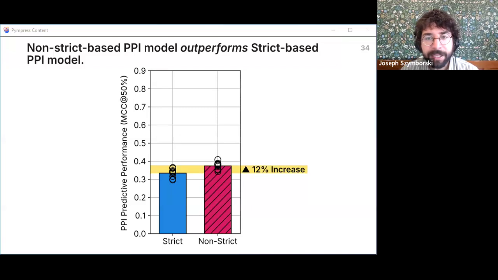But here we're in the business of benchmarking. We're trying to see, in the general sense, are we performing better? And by using these pre-trained pLMs, you are having a misconception of how well your model is doing. Not by a ton, but by 12%.